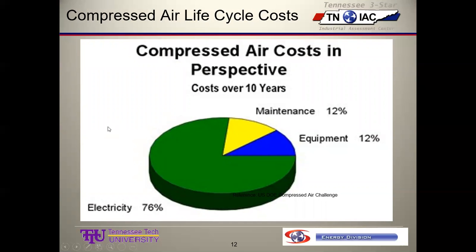Okay, so if you look at the life cycle cost of using compressed air over a 10-year period, the total cost of purchasing, maintaining, and supplying energy to the compressed air equipment, we see that the equipment cost is about 12%, the maintenance cost is about 12%, and the electricity is about 76%.